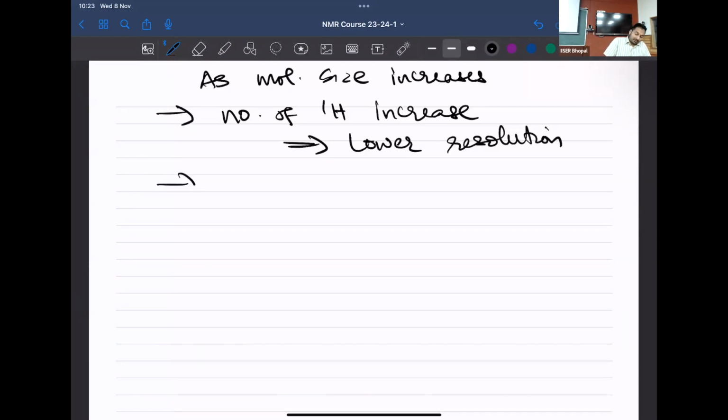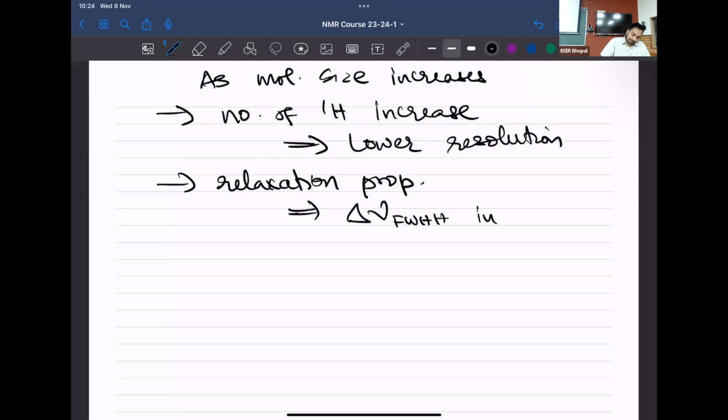Not just that, relaxation properties also turn unfavorable, meaning that as the molecular size increases, R2 increases. As R2 increases, line width increases. With the number of protons increasing and the line width increasing, we have an overall reduction in the resolution of one-dimensional NMR experiments. So therefore, we needed multi-dimensional NMR experiments.